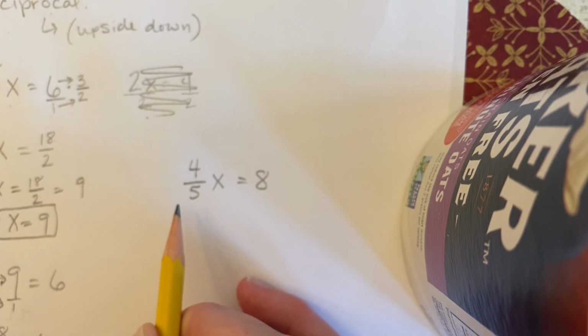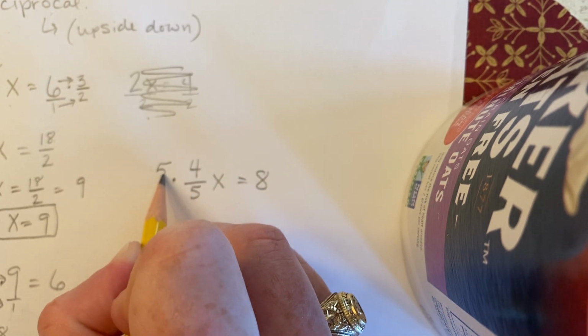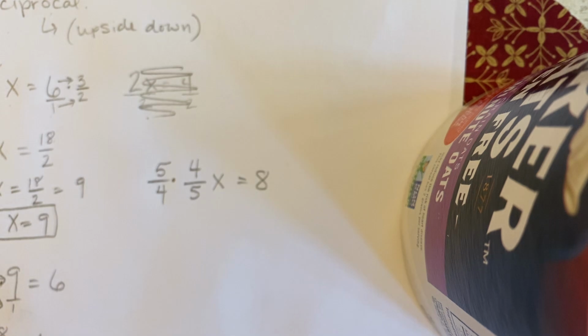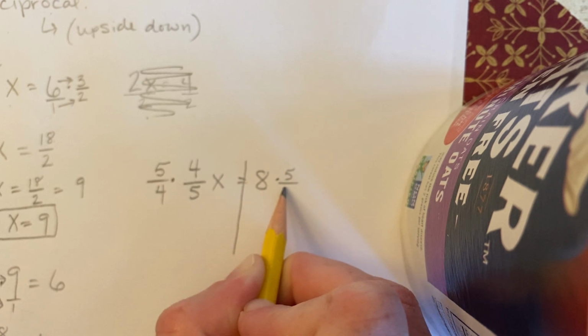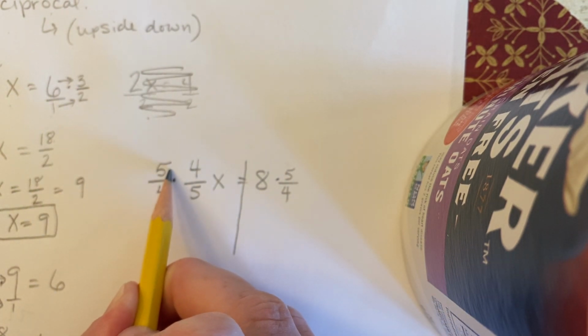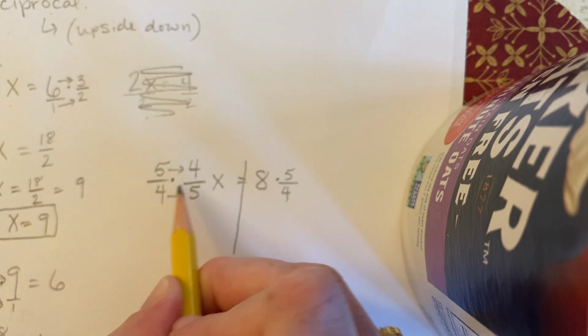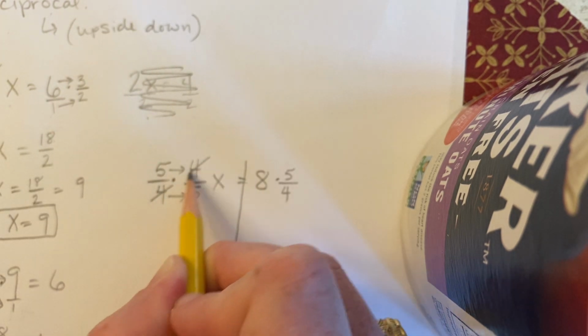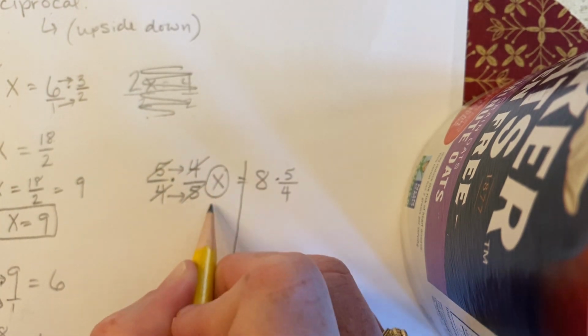But I know when I divide by a fraction, I actually multiply by the reciprocal, which means I'm going to multiply by the upside down version on both sides of the equals. If I were to multiply across here and across here, I would get 20 divided by 20, which is my power 1. So I'm going to cancel all of these numbers out. That leaves me x by itself.